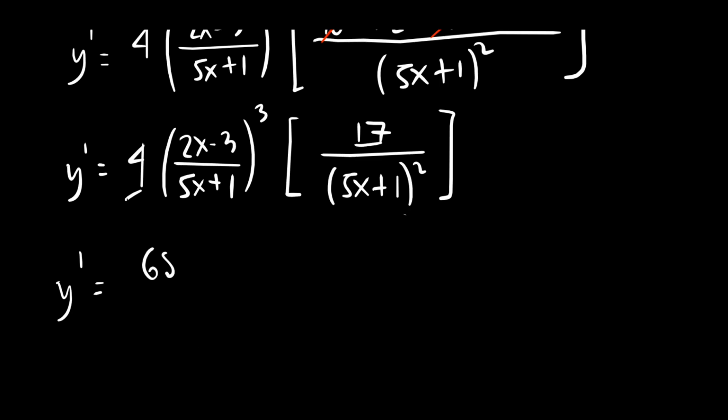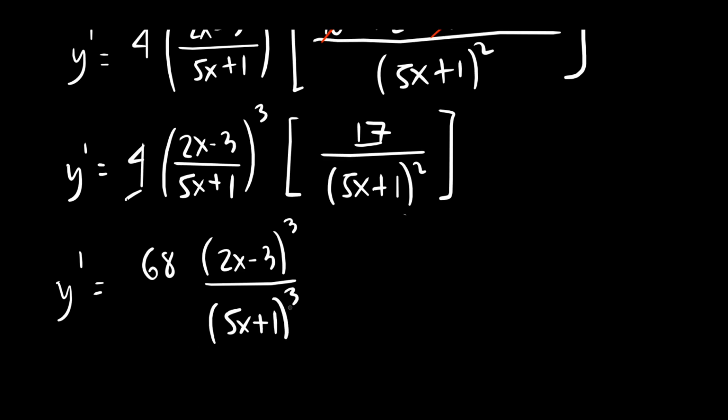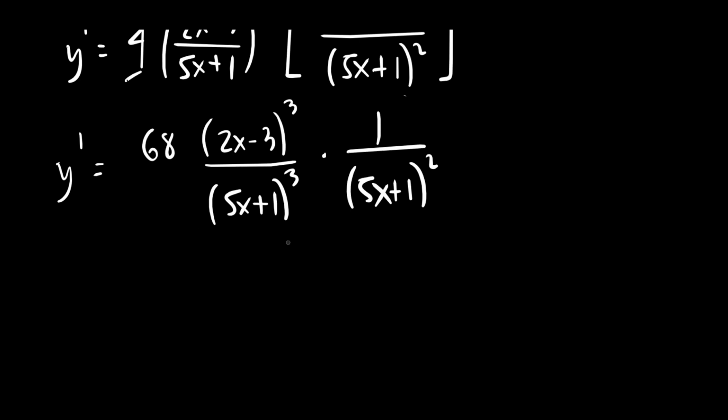So 68. After this, we will distribute the third power to each of the terms. So 2x minus 3 raised to the power of 3 all over 5x plus 1 raised to the power of 3, multiplied by 1 all over 5x plus 1 squared, right? After this, we will combine everything.